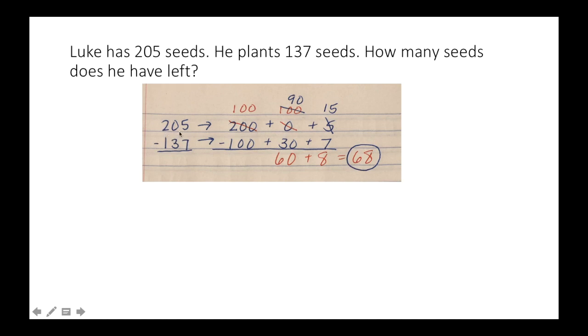So I took 205 and I broke it apart into 200 and 5, and I didn't have anything in my tens place, so I left it as a 0. And then I broke up my 137 into 130 and 7. As I begin subtracting this, I realized I can't take 7 from 5 and I can't take 30 from 0. So I needed to do a little bit of regrouping.